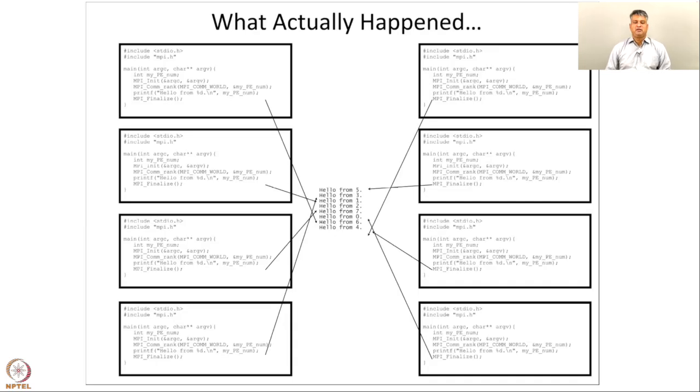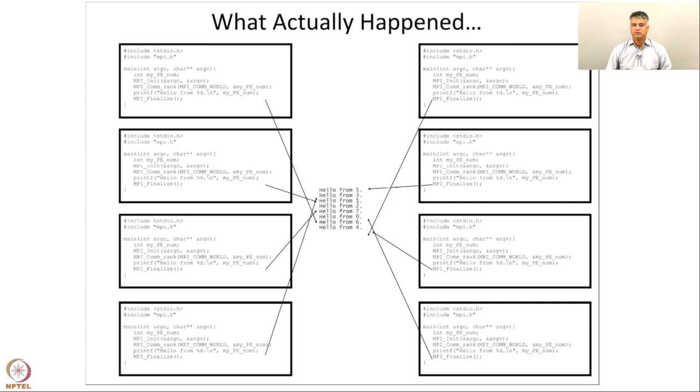So when I run hello world, essentially what happens? In this case, I am depicting that we have 8 copies of hello world, which essentially means that I have mpirun -np 8. So 8 distinct copies of this code are created. They are passed to the 8 different processing cores, and each one of them is executing that bit of code and then returning the value.